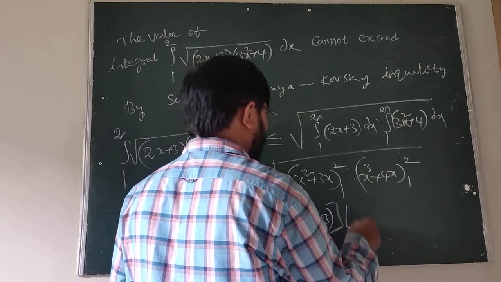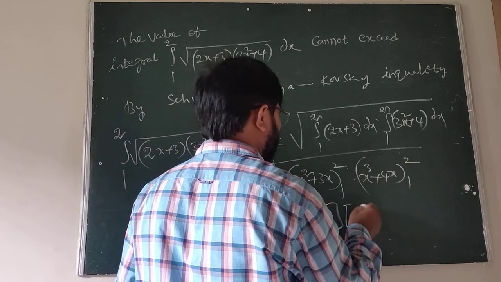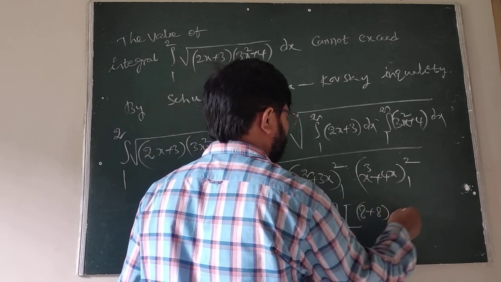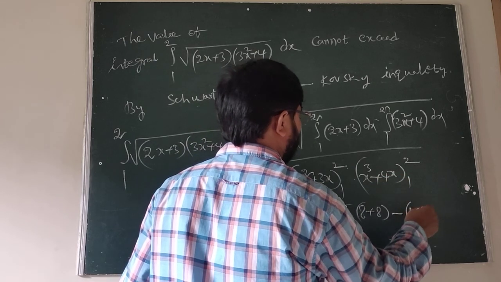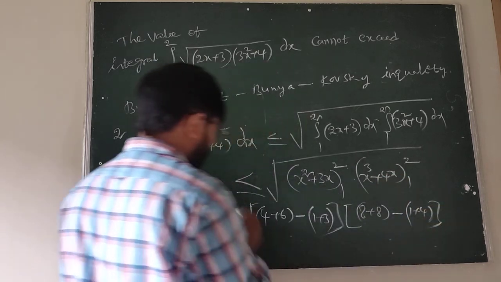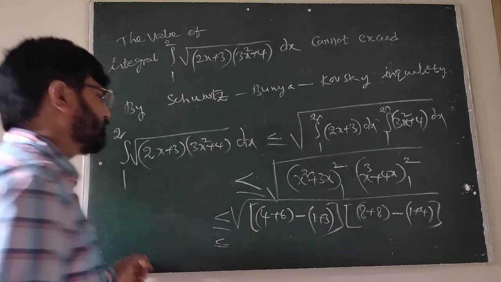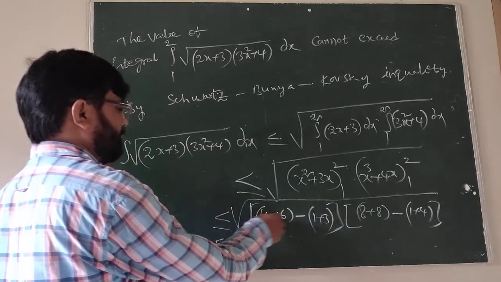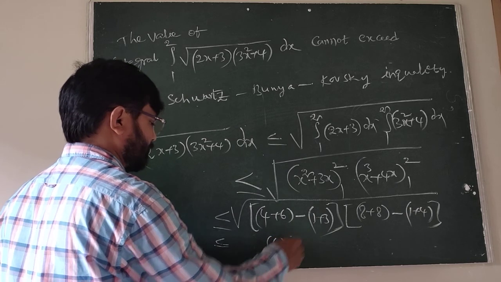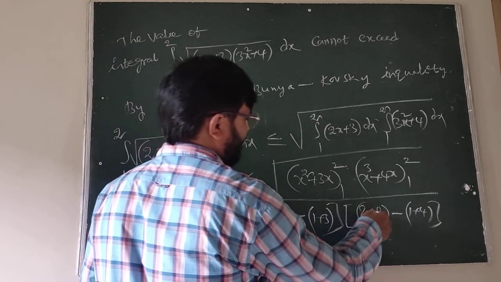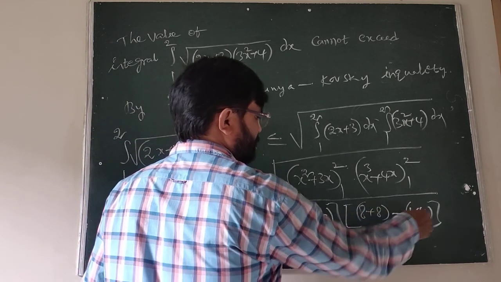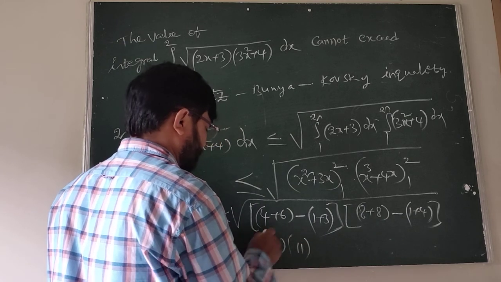After that you can write 2 cube is 8, 4 twos are 8, minus of 1 plus 4. Under root of, this is less than or equal to 10 minus 4 is 6, here 8 plus 8 is 16, 16 minus 5 is 11.